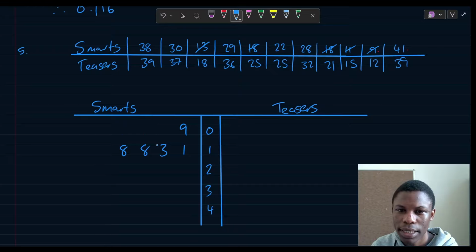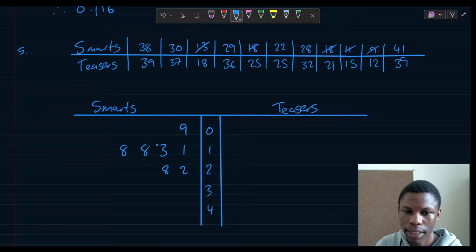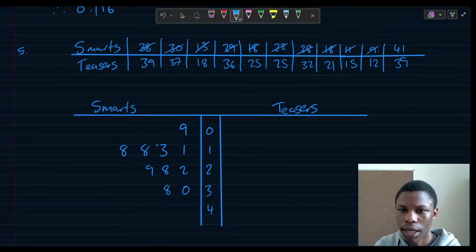In the 20s, we've got 22, 28, 29. In the 30s, I've got 30 and 38. So 0 and 8. And just the 40s remain, which is the 41.